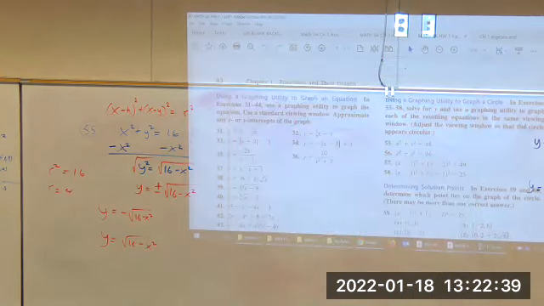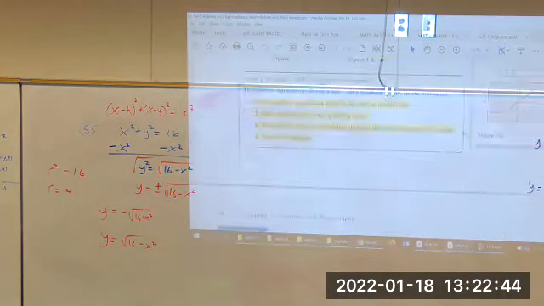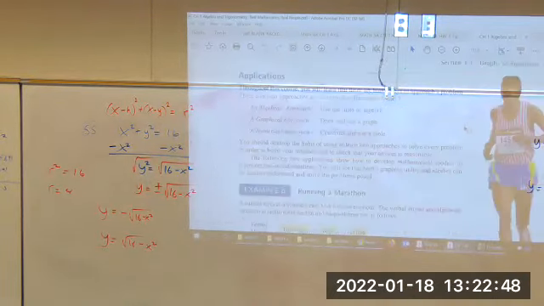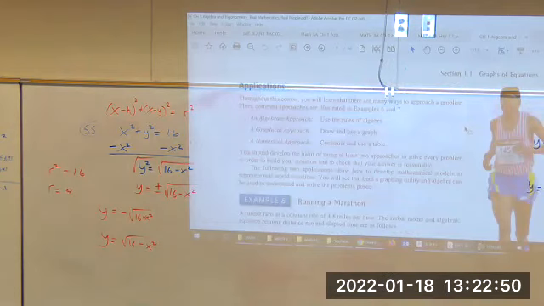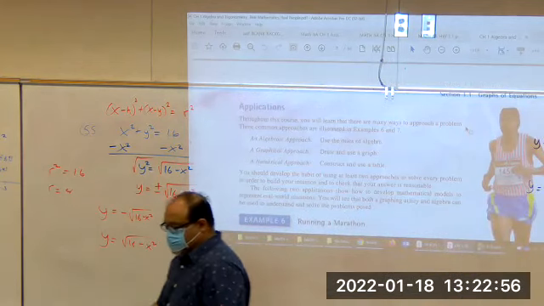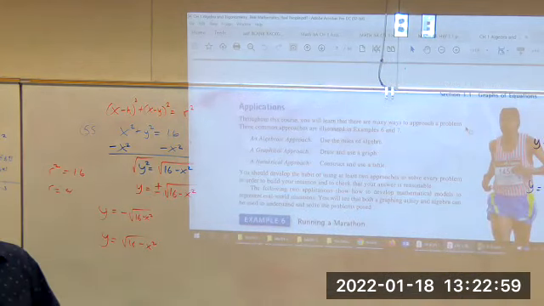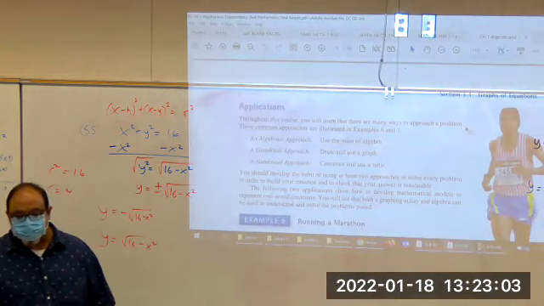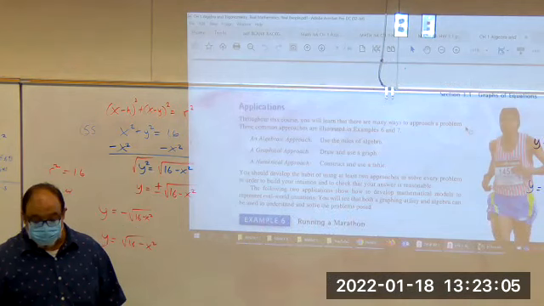The last bit of notes before we go over homework extensively was on page 79, right here, applications. Now, throughout this course, you will learn that there are many ways to approach a problem. George Polya, very famous mathematician for problem solving.